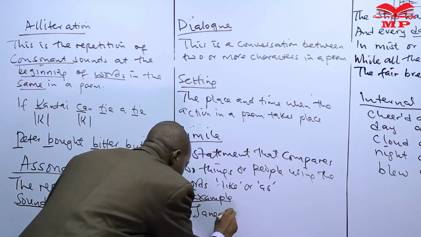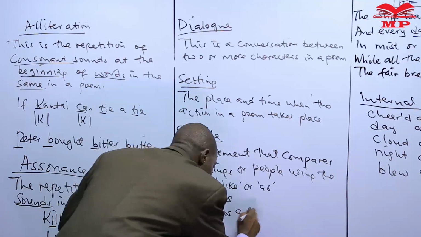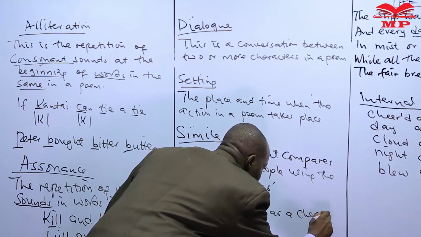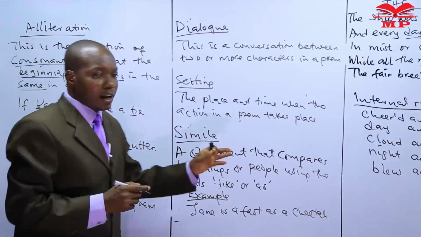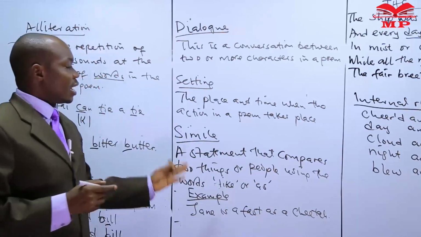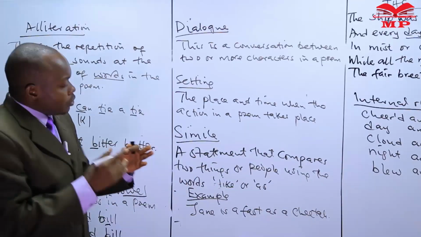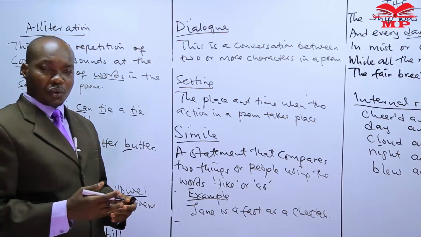For example, you say Jane is as fast as a cheetah. So we are comparing Jane with a cheetah. The speed of Jane is like that of a cheetah. So we call this a simile.